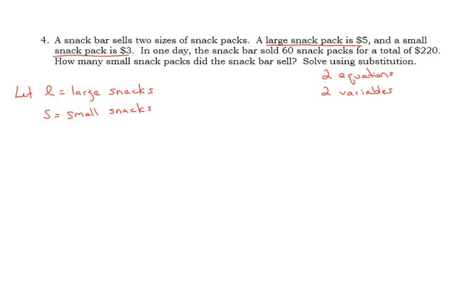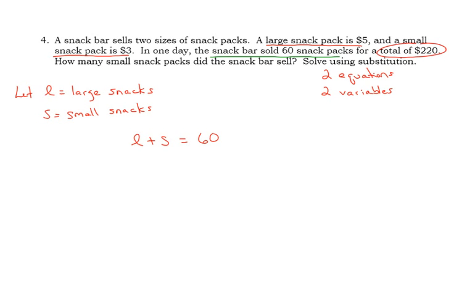Now, it tells me that in one day, the snack bar sold 60 snack packs all together. So the large snack packs and the small snack packs were a total of 60 snacks altogether. But they also made a total of $220.